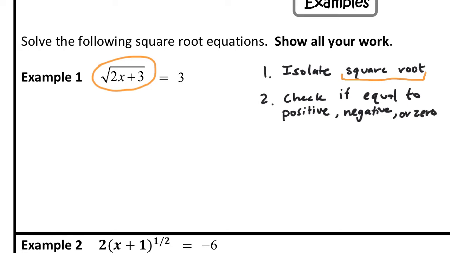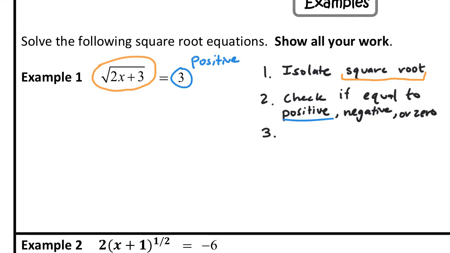So check to see if equal to positive, negative, or 0. So it's equal to a positive for this one. Okay, so that means we can go to step 3.